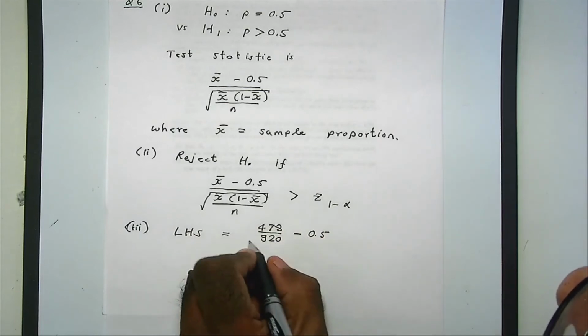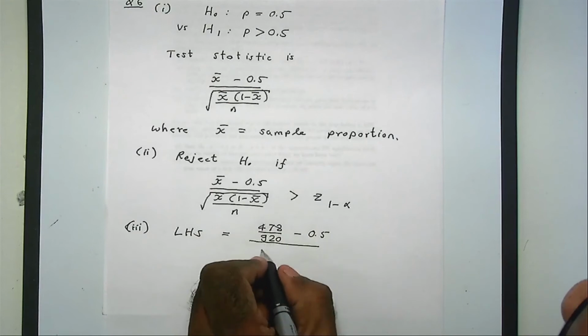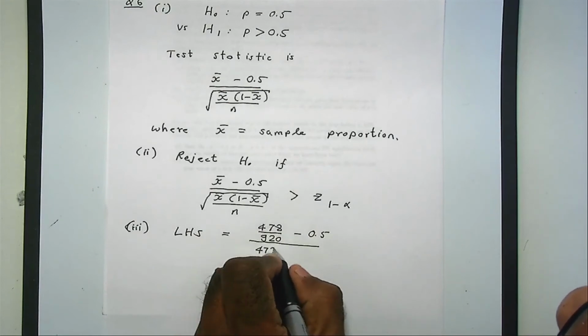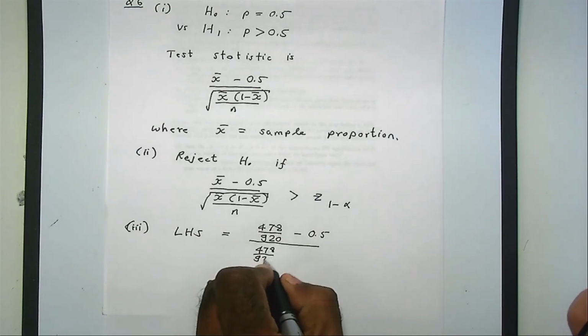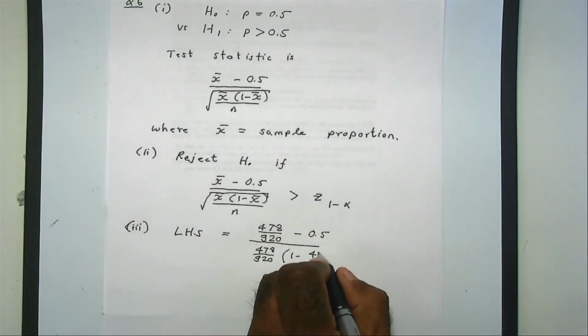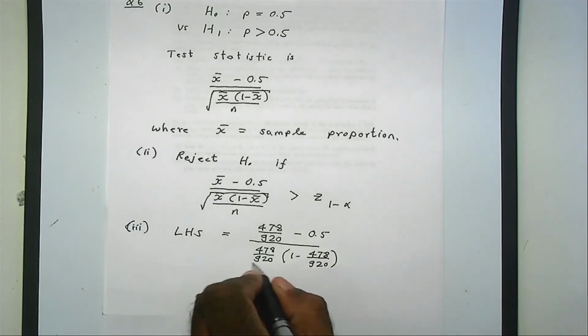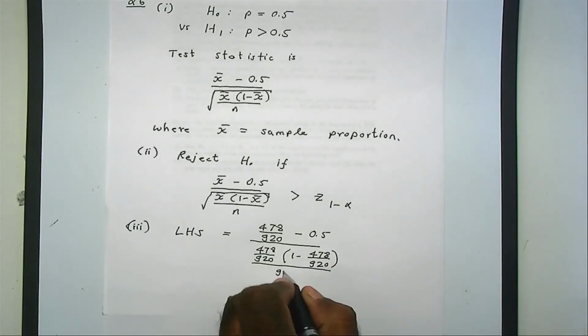And this is divided by 478 divided by 920, 1 minus of that, and divided by n, which is 920.